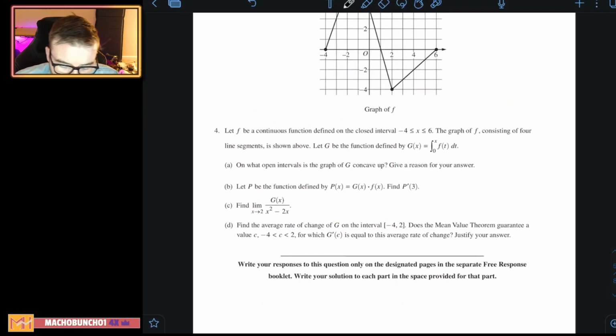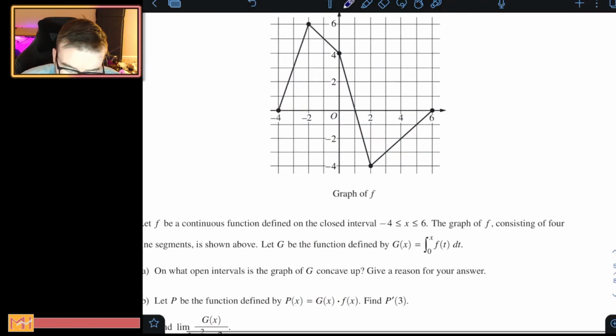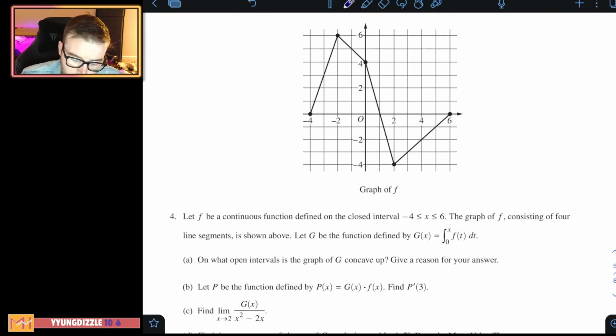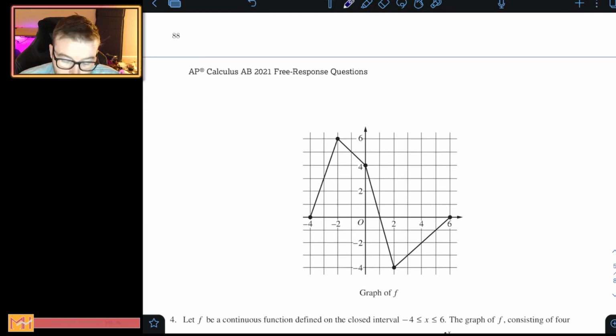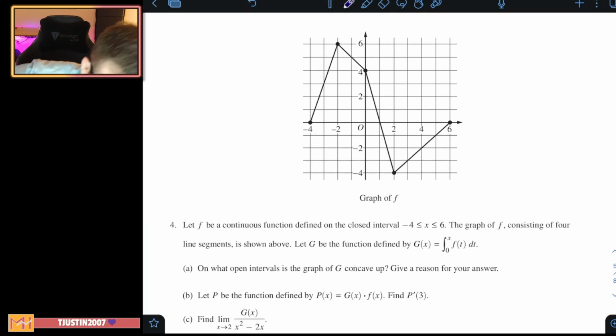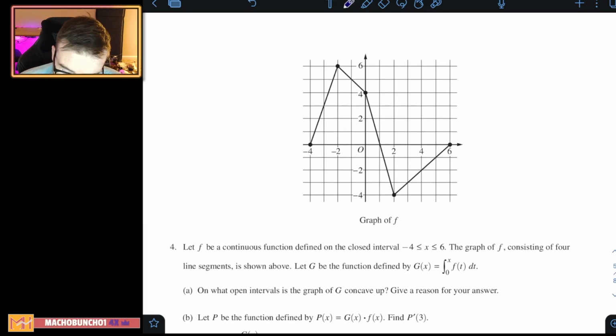So, we are looking at this graph of f. Let f be a continuous function. This is a question from the year 2021, number 4, just so we're all on the same page here. Let f be a continuous function defined on the closed interval -4 to 6. You can see it plotted there.